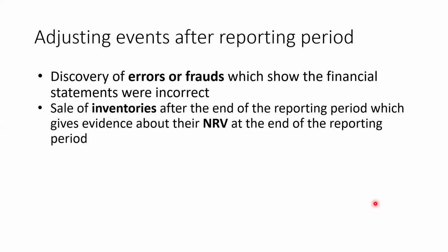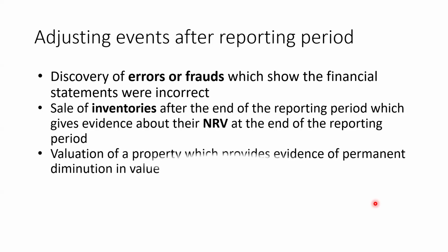When that happens, you have to go back to the financial statements and restate the inventories at their net realizable value, because the standard is telling you that inventory should always be measured at the lower of cost and net realizable value. Is that okay? So measuring the inventory at cost means you are misstating the true value of the inventory. So that's it. And this is coming straight from the standard.